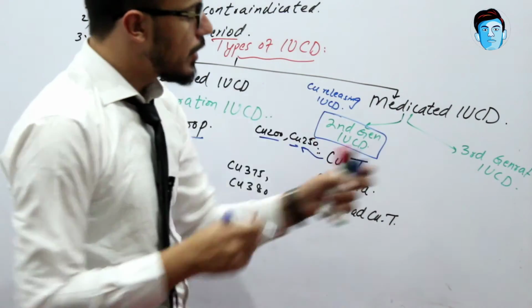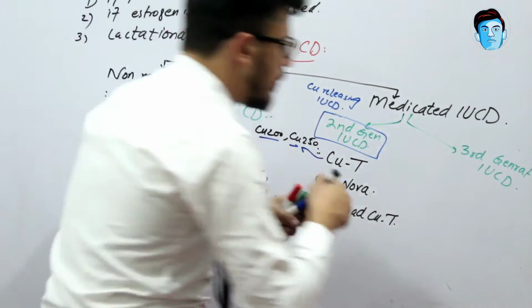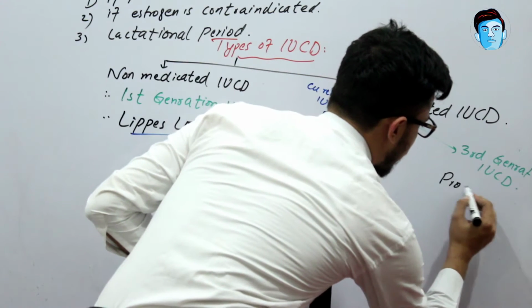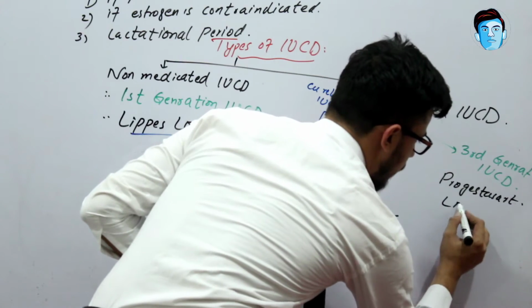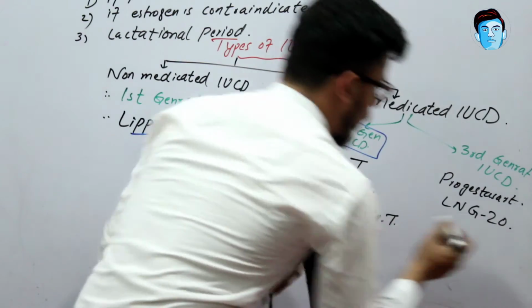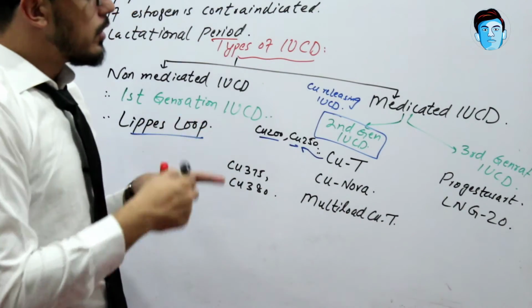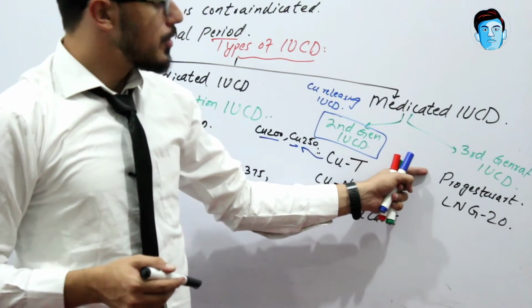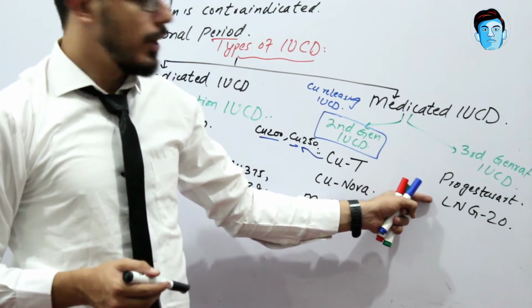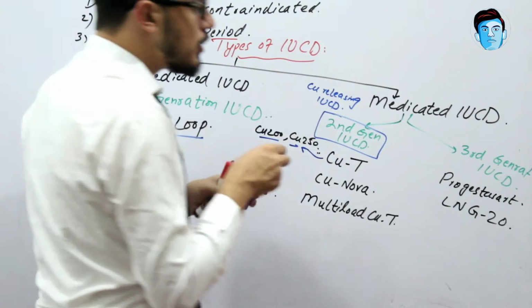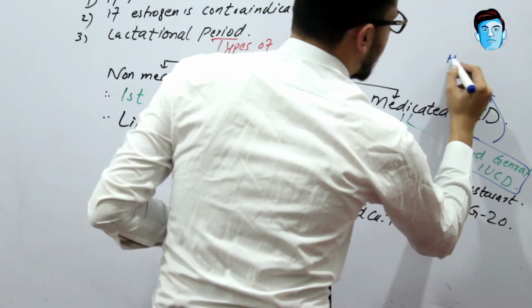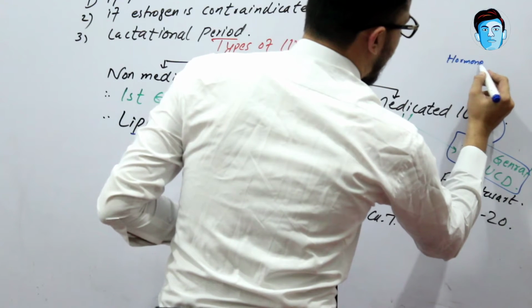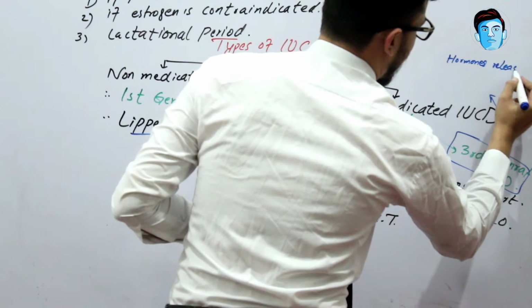Now third generation IUCDs consist of progesterone and levonorgestrel 20. This third generation IUCD is also called hormone releasing IUCDs.